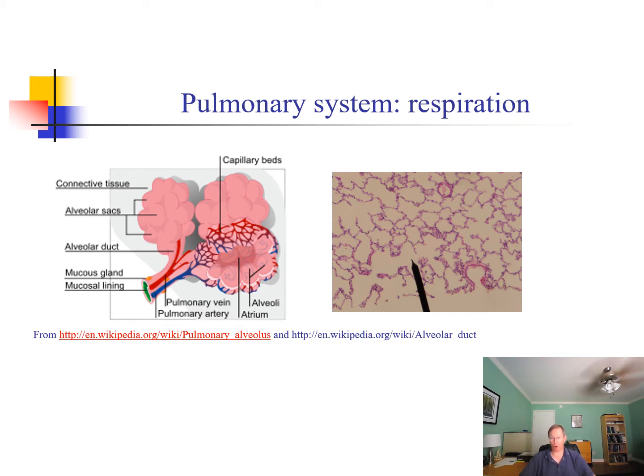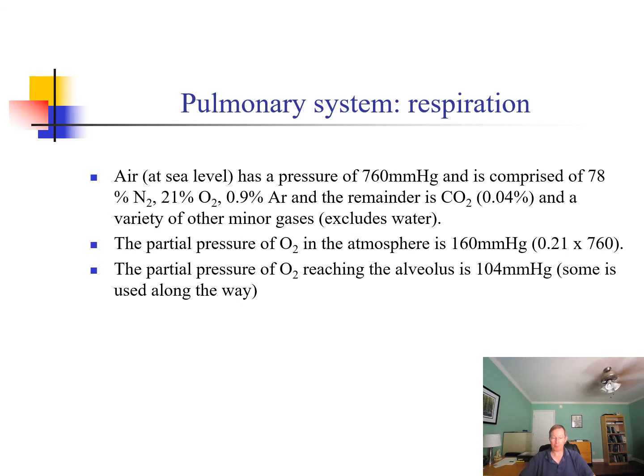Very, very thin-walled alveoli can allow for oxygen to be taken up into the blood and carbon dioxide to be given off. At sea level, if you're in Memphis, Tennessee, that's 760 millimeters of mercury if we're at 1 atmosphere pressure. I've got 78% nitrogen, 21% oxygen, about 1% argon, a little bit of carbon dioxide, but essentially very, very low, assuming it's a dry day, and this is excluding water from this.